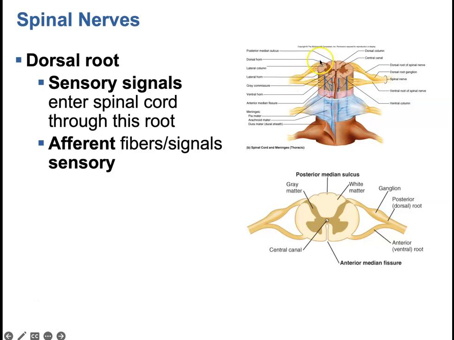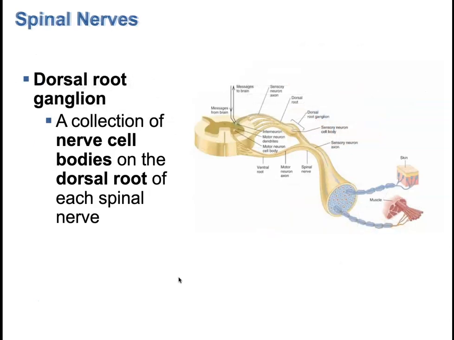Again, dorsal is sensory, ventral is motor. Dorsal, remember, is also where the afferent sensory signals come in. So remember that the word afferent is always coming in to the central, and this is why the dorsal root here, we call it sensory or afferent as well. So any questions on this, please let me know, because this can sometimes confuse people.